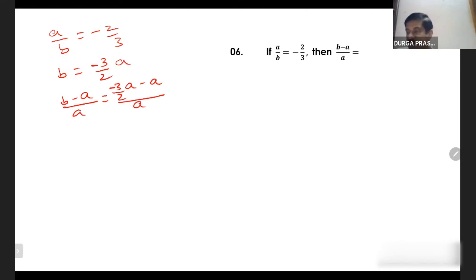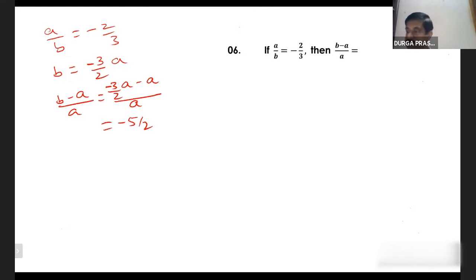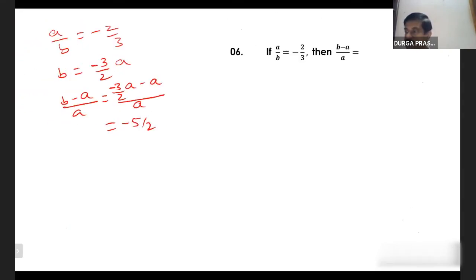So take a common and cancel it, you'll get it as minus 5 over 2. So this is the thing. Please note it fast. So option A you have.